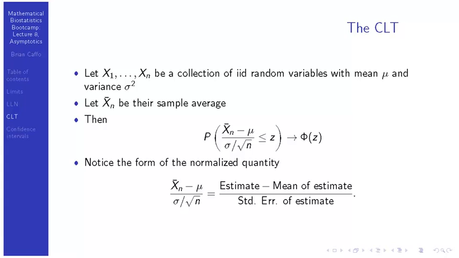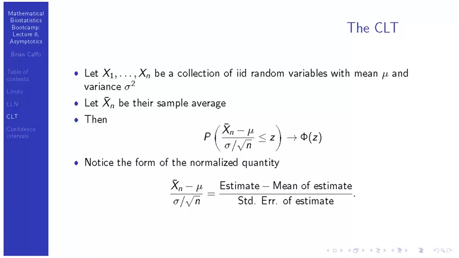So we take Xn bar, subtract off its expected value, mu, and divide by its standard deviation, sigma over square root n. So this whole quantity here has mean 0 and variance 1. The probability that this Z random variable is less than or equal to the specific point z limits to the standard normal distribution evaluated at that point z.